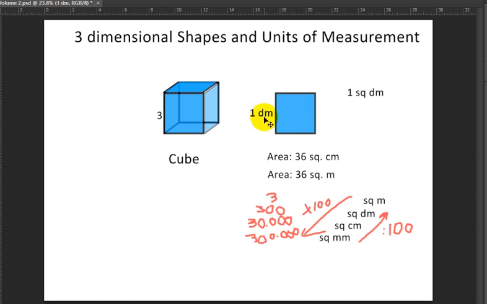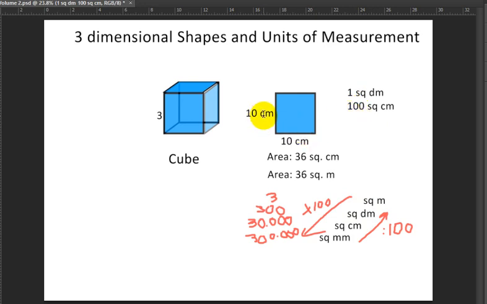Well, you'd have to think that, okay, if this is a decimeter, then this is also a decimeter. But if we want centimeters, then we need to multiply this by 10, so it becomes 10 centimeters. 1 decimeter becomes 10 centimeters. And then I multiply this 10 times 10, and I get 100 square centimeters.